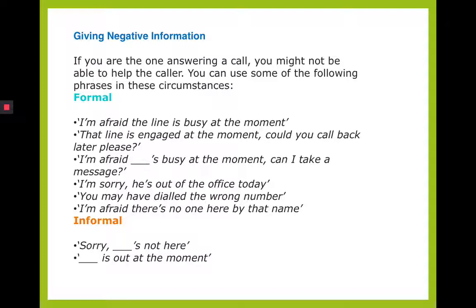That line is engaged at the moment. Could you call back later, please? Or I'm sorry, he's out of the office today. Or you may have dialed the wrong number. So these will be some of the phrases. Or you can say, sorry, Ahmad's not here, or Ahmad is out at the moment.